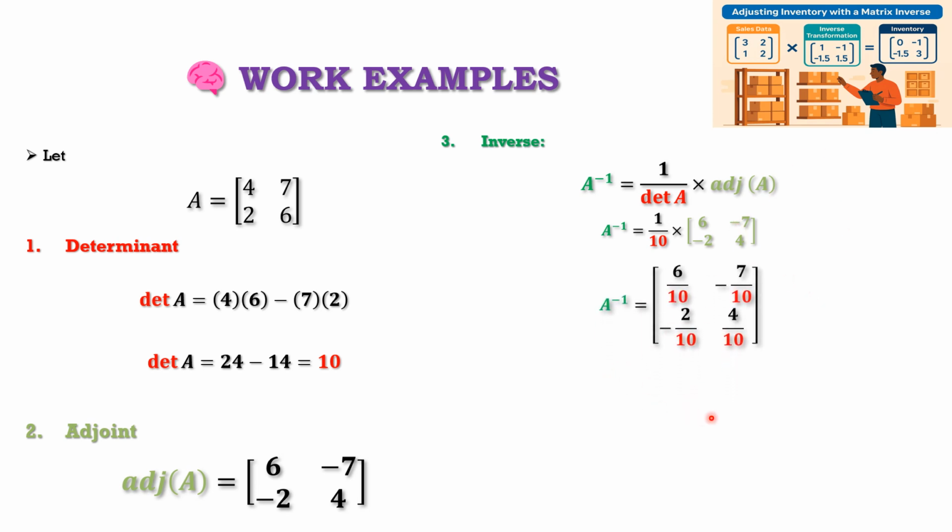Then the multiplication will be 6 divided by 10, minus 7 over 10, minus 2 on 10, then 4 divided by 10. When you simplify it, we are going to end up with 3 over 5, minus 7 on 10, minus 1 on 5, then 2 over 5. So that is how we find the inverse of a 2 by 2 matrix.